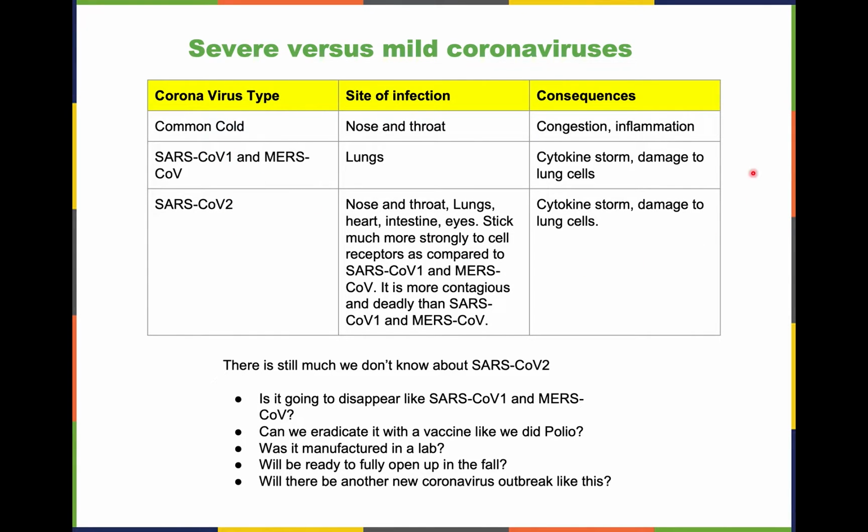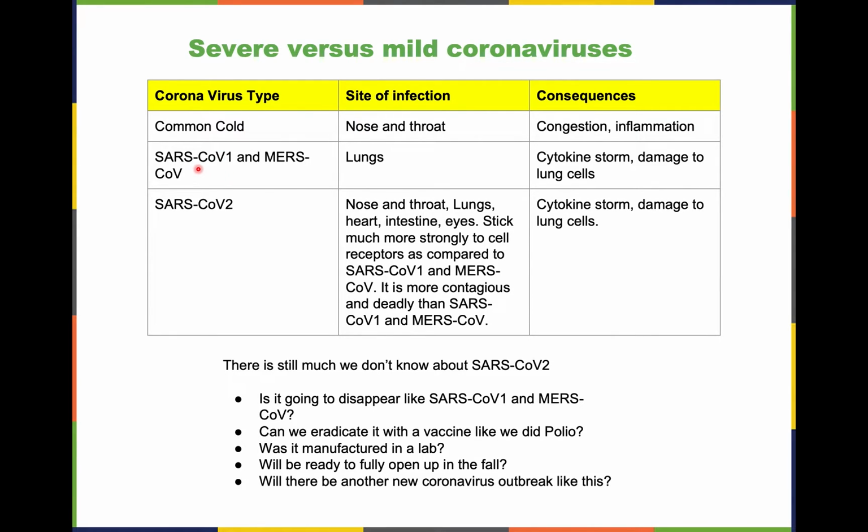So I tried to summarize it in here. Common cold viruses, usually their site of infection is nose and throat. They usually stay on the top in your nose and throat, and they cause congestion, local inflammation, so the symptoms are pretty mild.